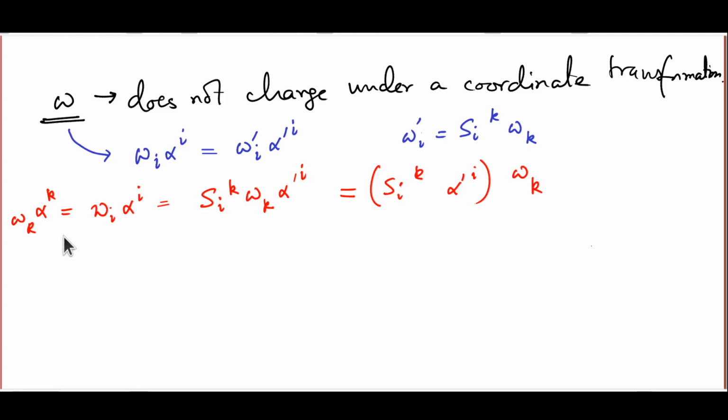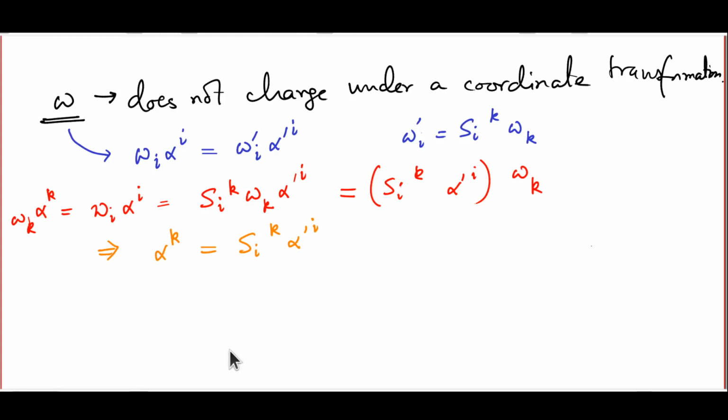Let me remind you once again, this i is just a dummy, so you are fully within your rights to change it to anything that suits you. In this case, change it to k. So, because this is valid for all k, you immediately get the relationship alpha^k has to be equal to S_i^k alpha'^i. So what we have managed to do is relate the covector basis to the transformed covector basis.